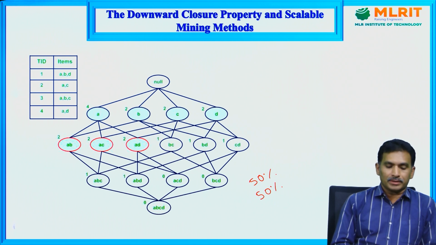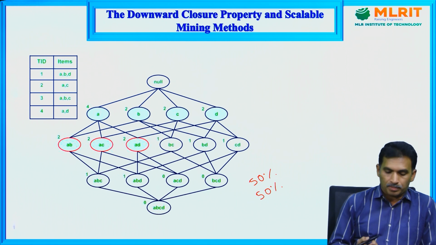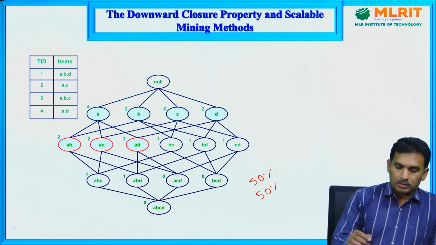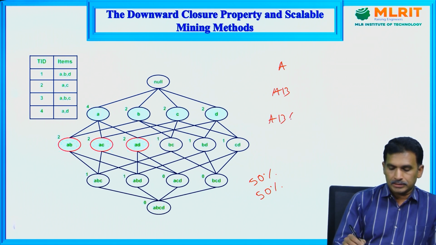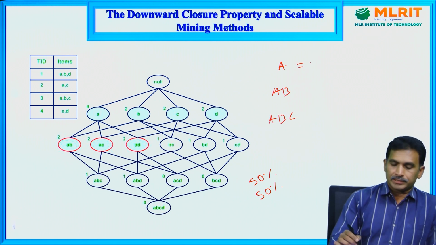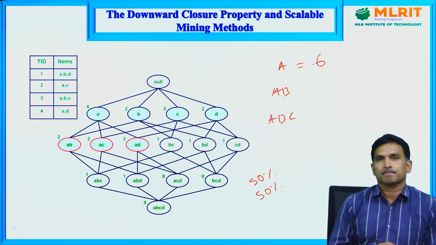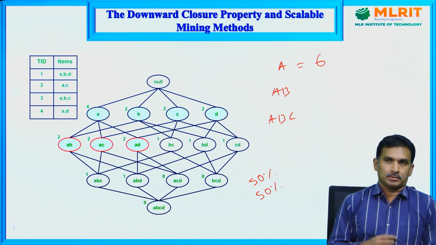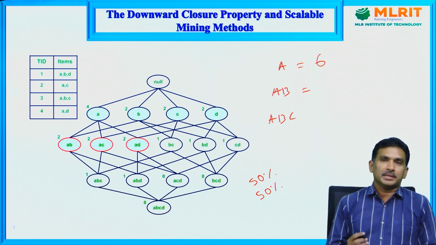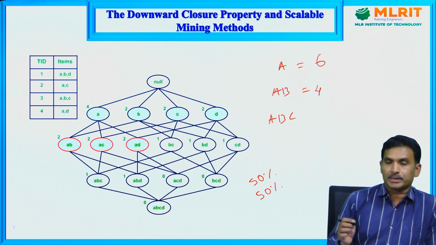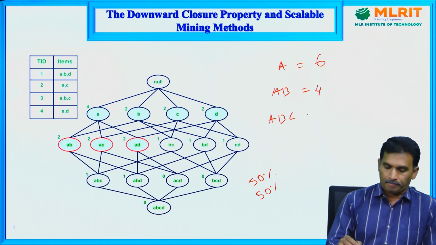This is also called the apriori downward closure property. What do we mean by this downward closure property? Consider the item sets A and B together, and A, B, C items together. Suppose item A alone appeared in 6 transactions, and A and B together may appear in at least 4 transactions, just for understanding purposes.